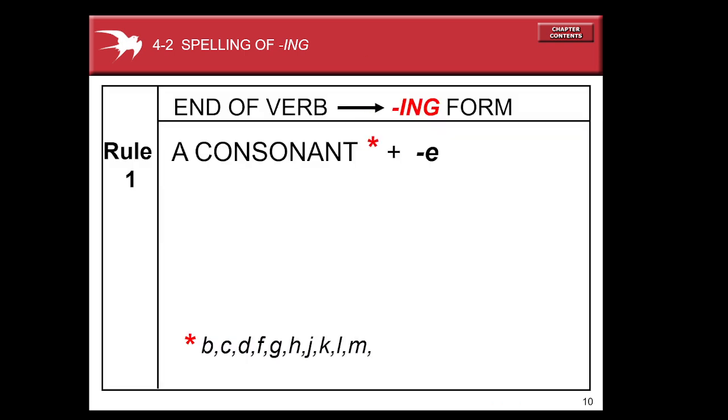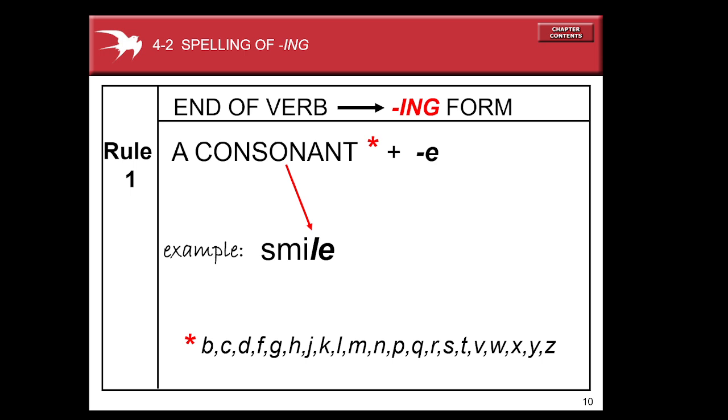Okay, so as I said earlier, today we're going to focus on how to work correctly with the suffix -ing. This is the suffix in the present progressive, -ing. This is going to be rule number 1. As you can see, we have a consonant plus the letter E. For example, the verb smile.